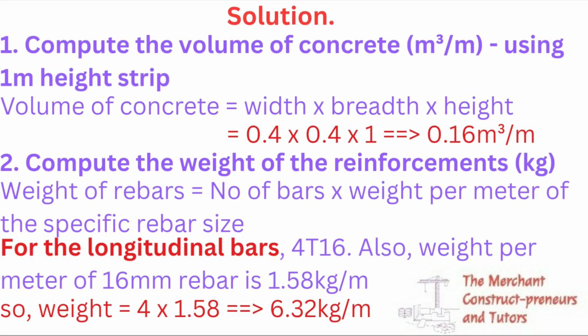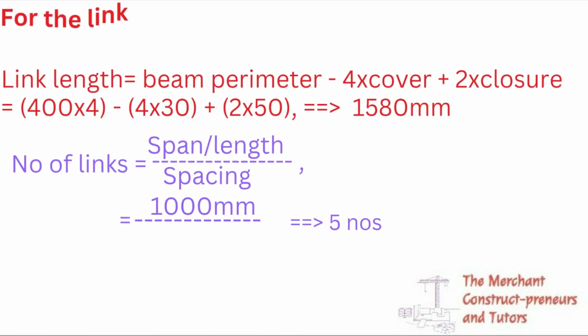So for the longitudinal bars, we have 4Y16, and the weight per meter of a 16 bar is 1.58 kilogram per meter. So the weight of the longitudinal bars will be 4 multiplied by 1.58, we have it as 6.32 kilogram per meter, right? So we are considering a 1 meter strip. That is the reason why we have this.